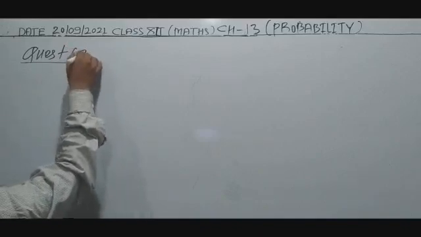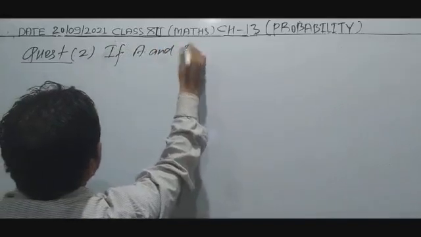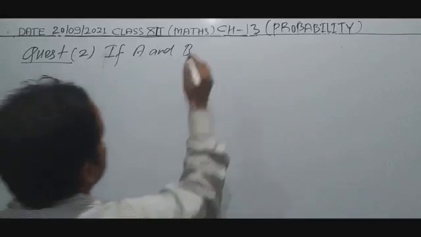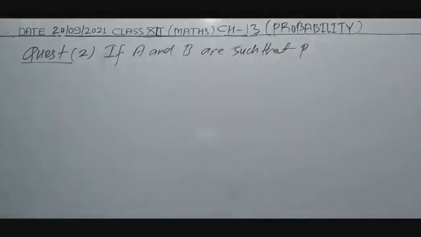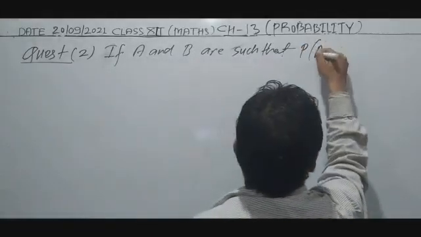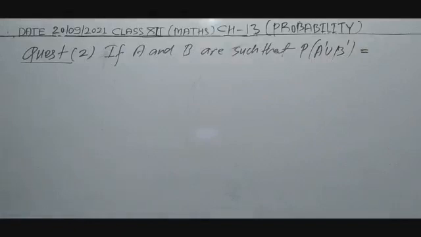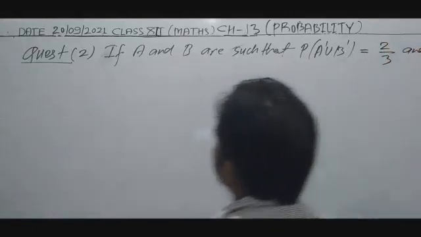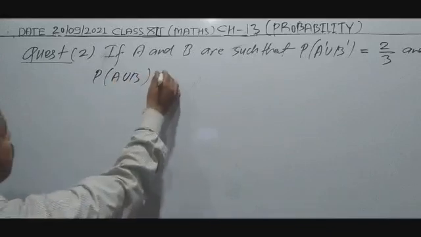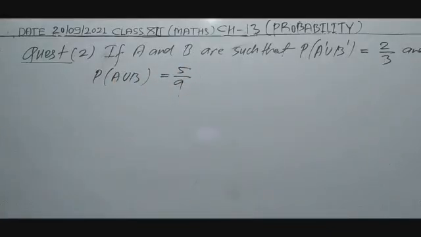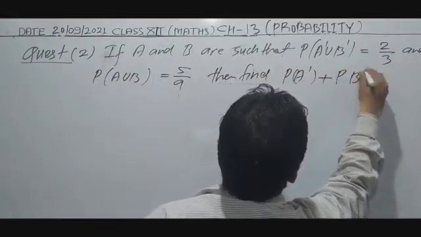If A and B are any two sets such that probability of A complement union B complement is equal to 2 by 3, and the probability of A union B is equal to 5 by 9, then find probability of A complement plus probability of B complement.